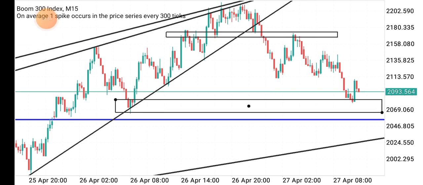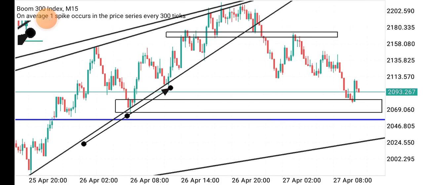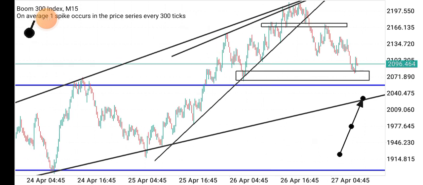So when I noticed this demand zone right here, I decided to take my profit, because the market might react here. But I know the market going up again will most likely sell and go below this particular low here. The market would most likely sell below this and maybe target this 4-hourly time frame trend line. That's what I think the market will be targeting, the 4-hourly time frame trend line.